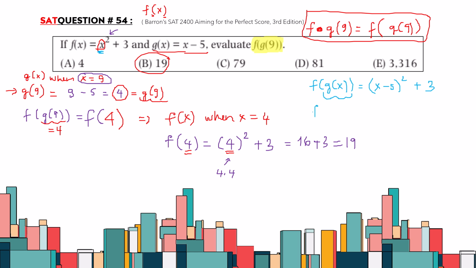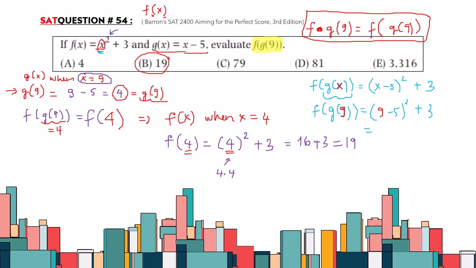Now they're asking for f of g of 9. So the value of x right now is 9. So I plug in 9 here. Now it's straightforward, we just calculate.